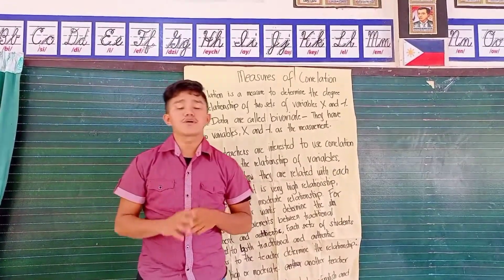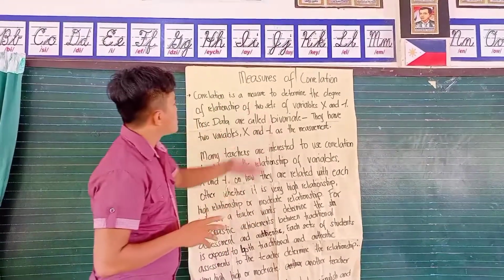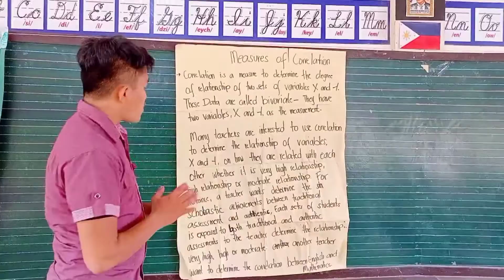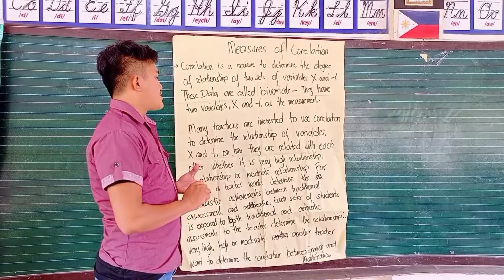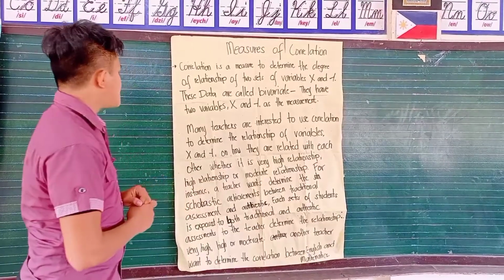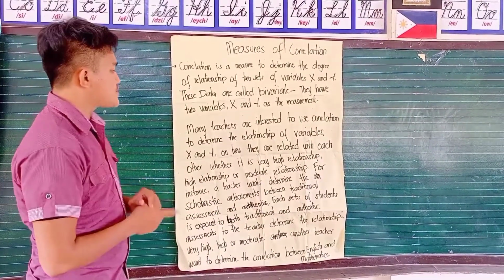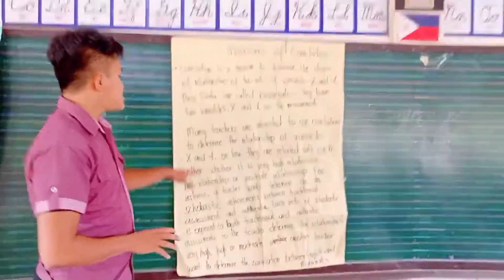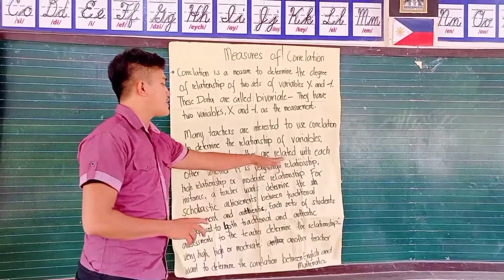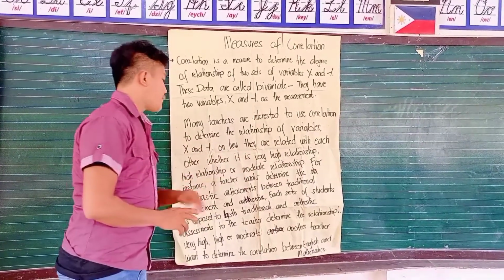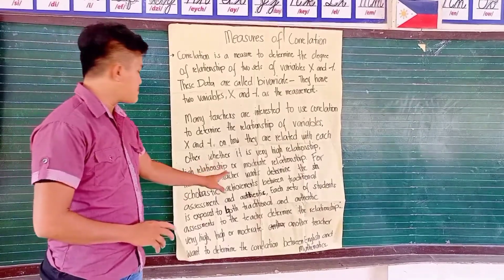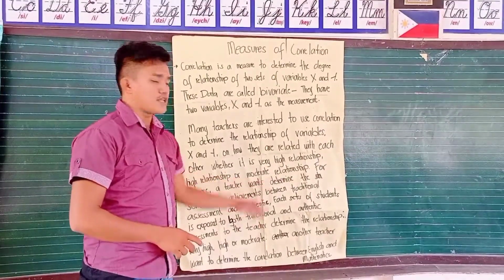So that are called bivariate. Many teachers are interested to use correlation to determine the relationship of variables x and y, on how they are related with each other, whether it is a very high relationship or a moderate relationship.